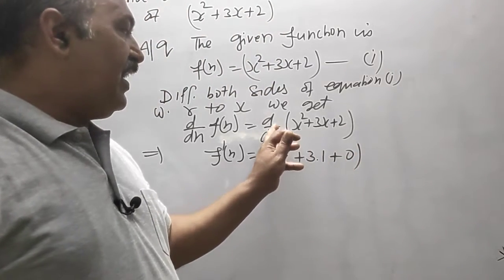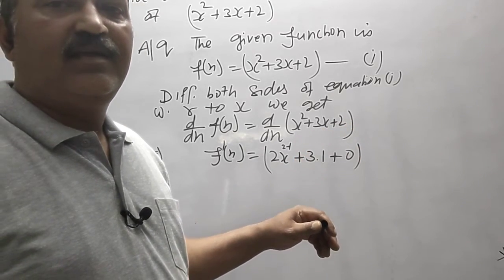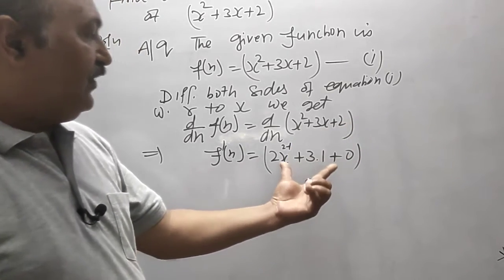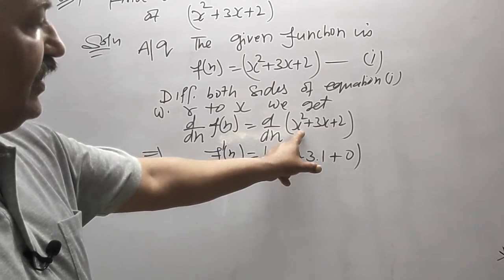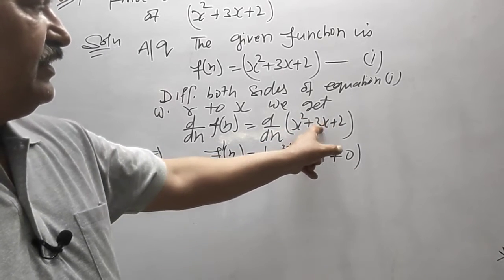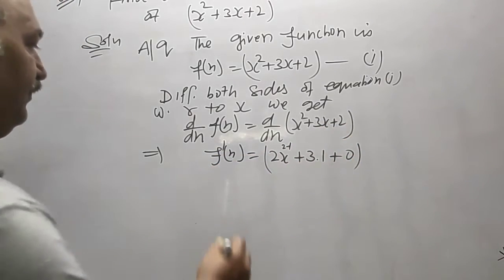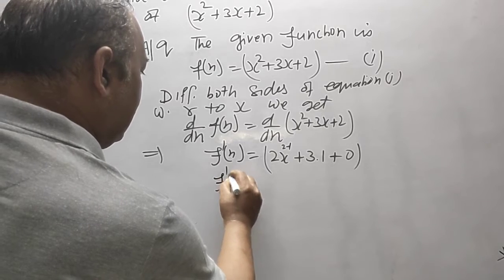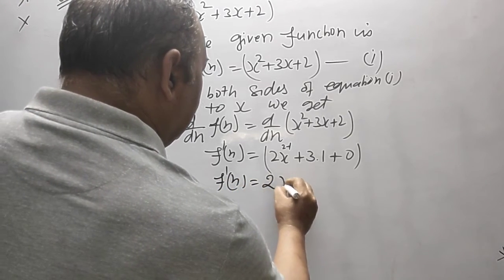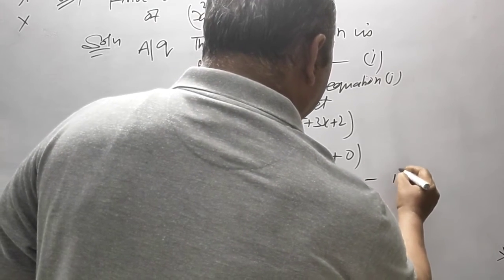You can also apply d upon dx separately to each one, and you can also find the value directly. X square का derivative 2x, 3x का derivative 3, and constant 2 का derivative 0. f dash x becomes 2x plus 3. This is equation number 2.